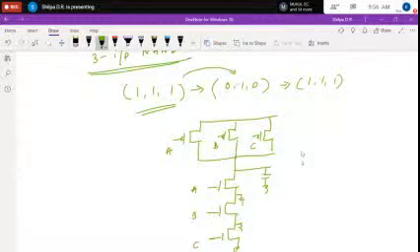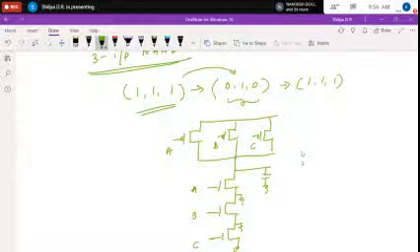Okay, it's done. Now new charging will happen when it shifts to 0, 1, 0. Here is where you have to start the analysis. This initial condition is given only to tell you that everything is discharged.